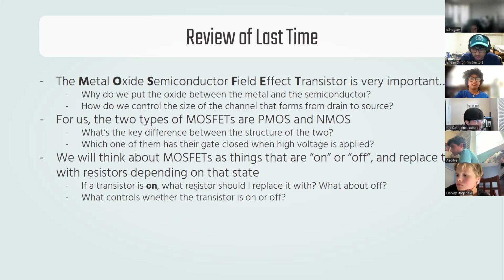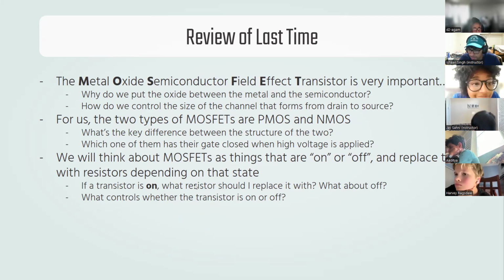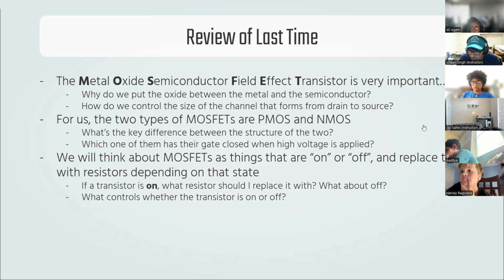And now, similar question to earlier, what controls whether the transistor is on or off? What directly controls that? Kind of already said it. Not a rectifier. A rectifier is something else. Voltage, that's true. Voltage where? Gate voltage, yeah.